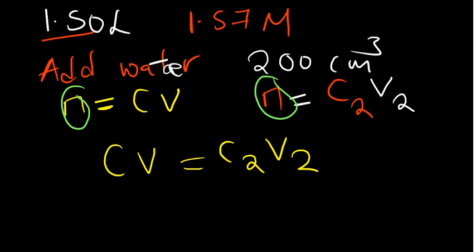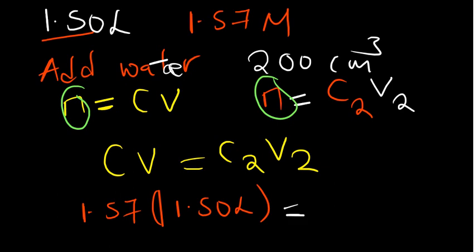So what do you have as your initial concentration? You have 1.57, right? What do you have as your volume? Your volume is 1.50 liters. Then on the second part, we don't know the concentration, but we do know the volume. What is the second volume going to be?